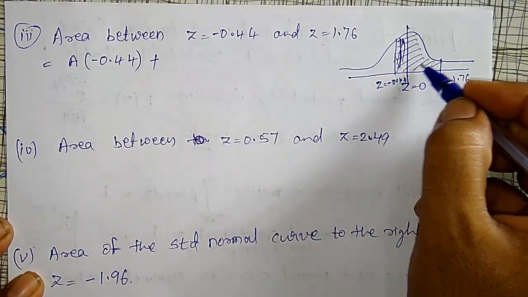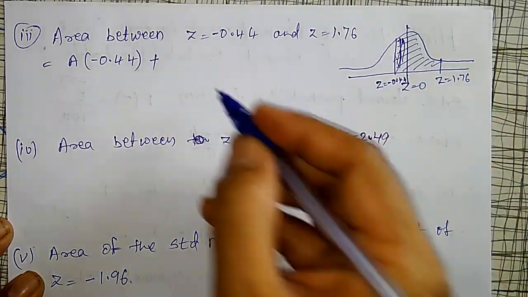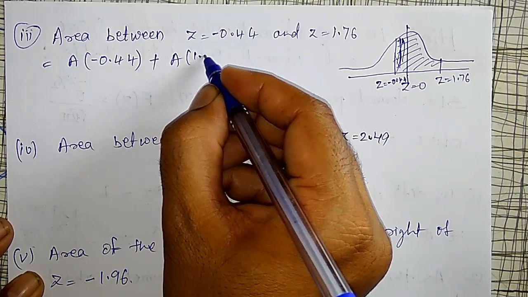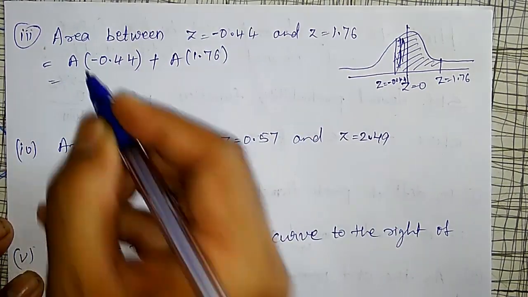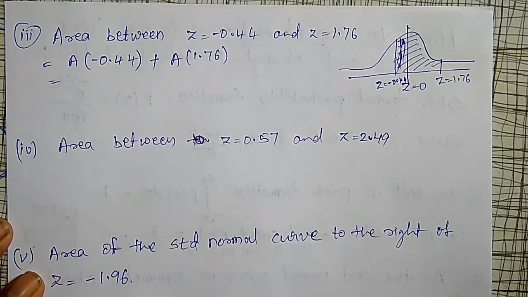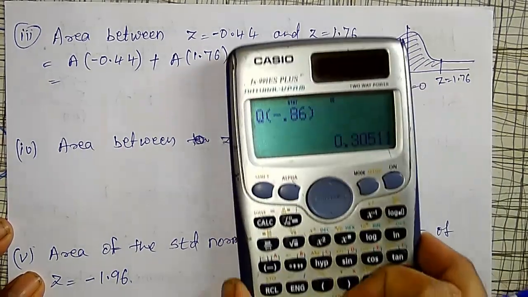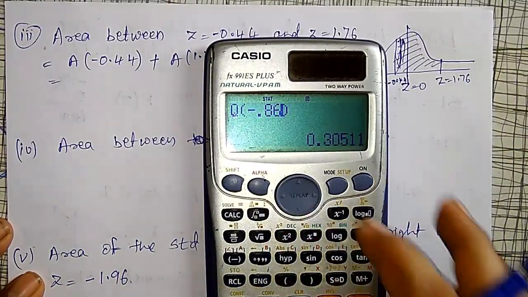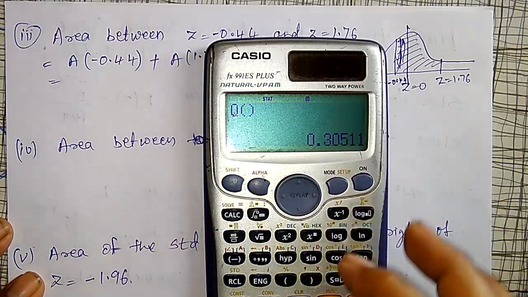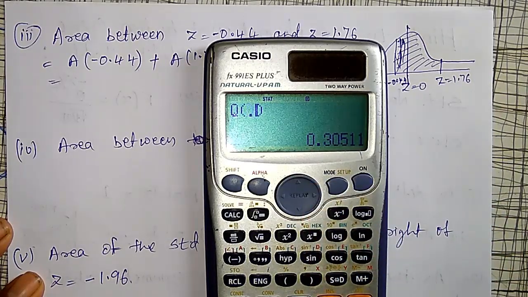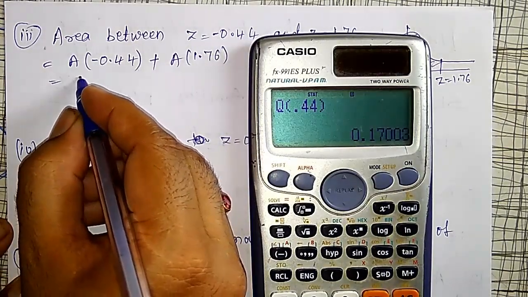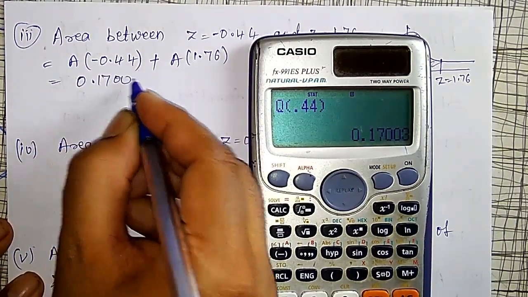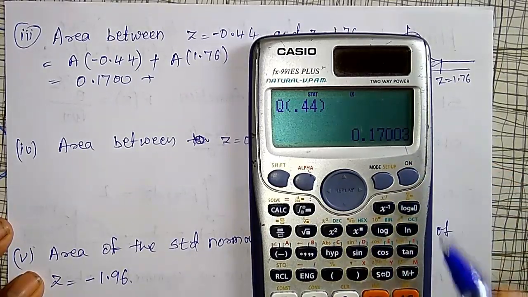Plus this area will give you the area, therefore A of 1.76. These two I have to calculate using the calculator, or directly you can find out. Calculator, I have shown you already how to use in stat mode. In that, for 0.44, its area is 0.1700. This is the area under the normal curve.